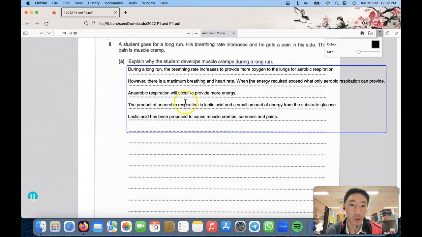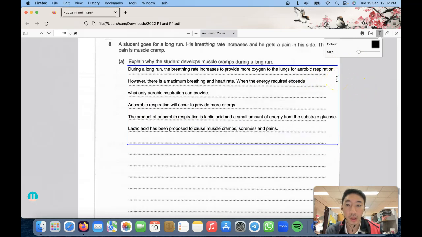When the energy required exceeds what only aerobic respiration can provide, then anaerobic respiration will occur to provide more energy. The product of anaerobic respiration is lactic acid and a small amount of energy from the substrate glucose. Lactic acid is proposed to cause muscle cramps, soreness, and pains.